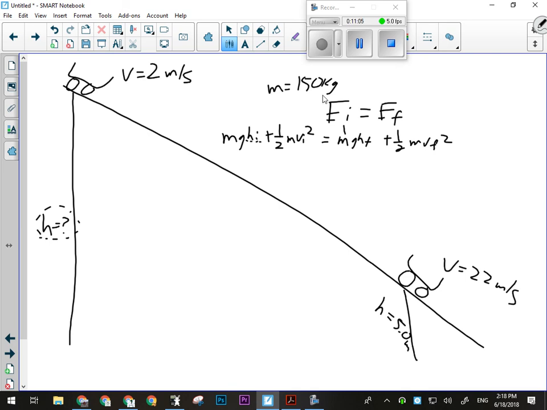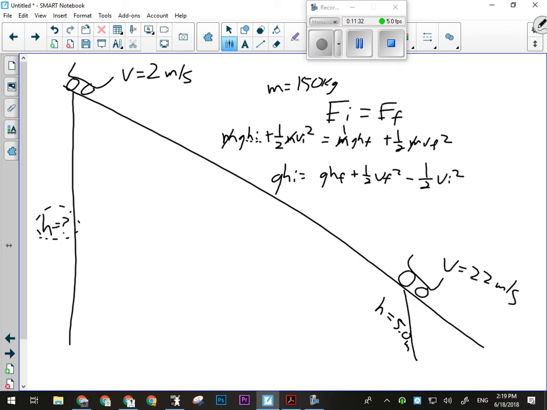I gave you the mass, but do you need it? No, it's in every term, so we can cancel it off. If you're not comfortable with that, leave it in, put in 150 for it. Again, I'm trying to get hi by itself, so I first want to subtract the 1/2 vi squared over to this side. So I'm going to have ghi equals ghf plus 1/2 vf squared minus 1/2 vi squared.